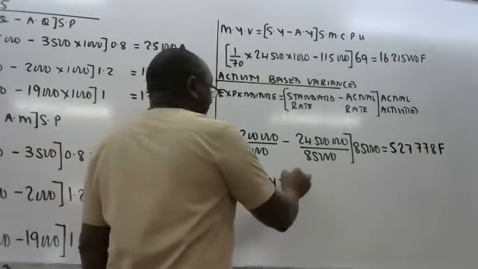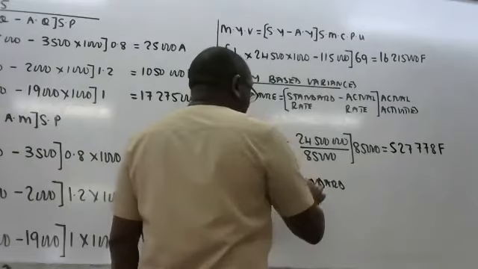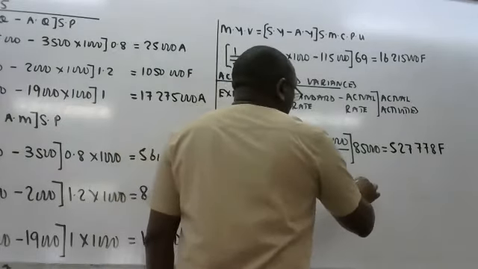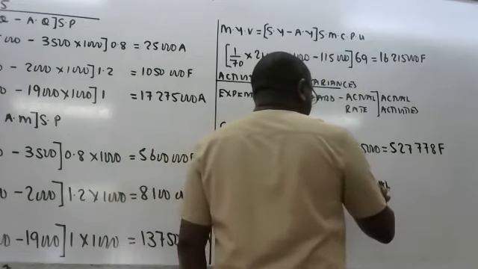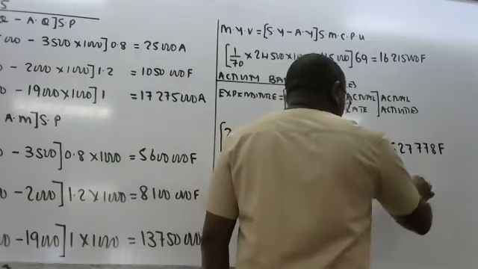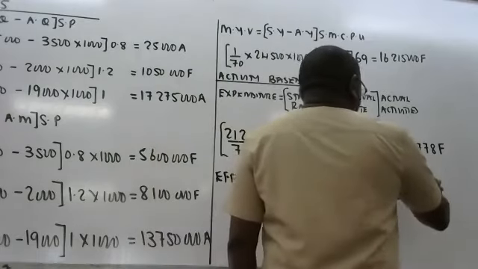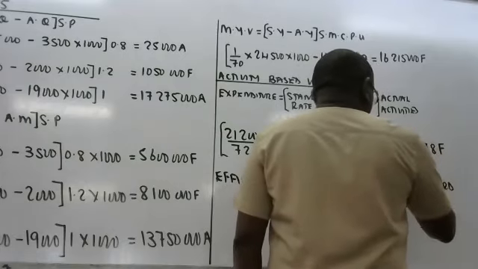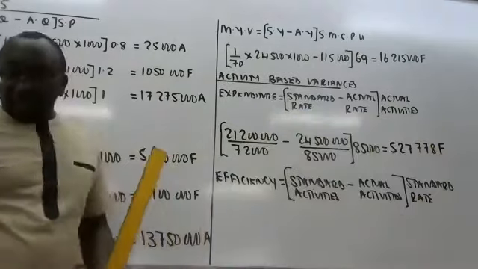Efficiency is standard activities minus actual activities, you multiply by standard rate.